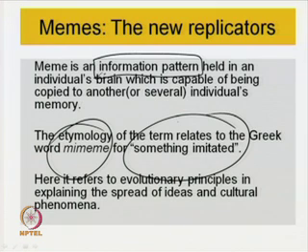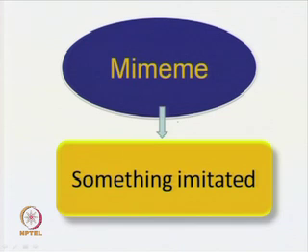So, again this slide, as Dawkins says, refers to evolutionary principles in explaining the spread of ideas and cultural phenomena. In all the lectures before this, evolution came in a big way, and we are ending this part of this module by finally trying to crack the cultural code, if I may use the word, to finally see how we may explain cultural evolution.